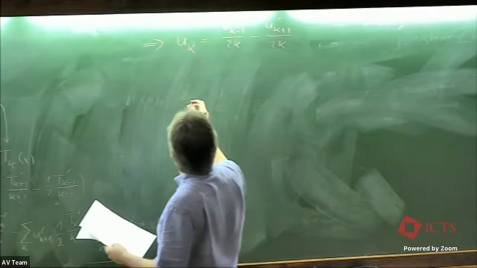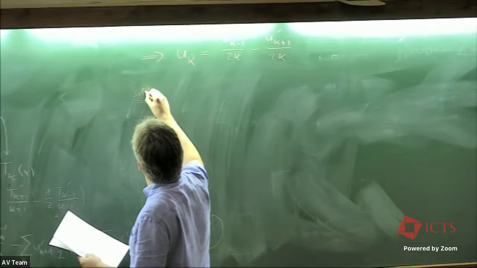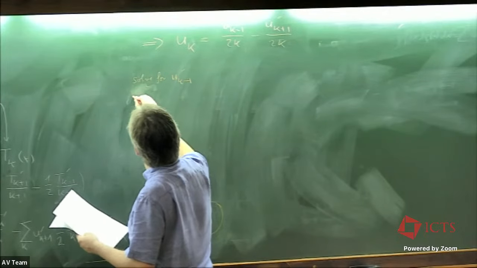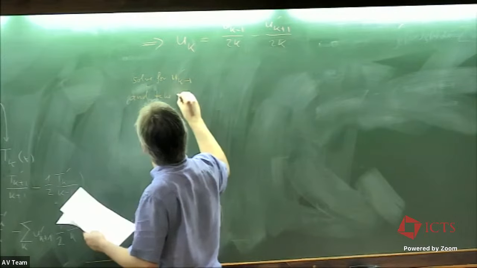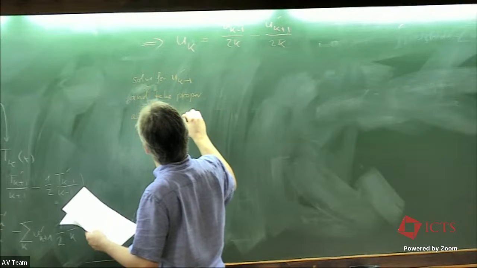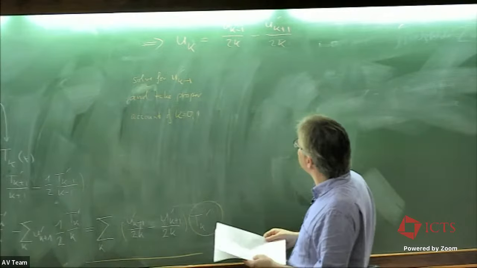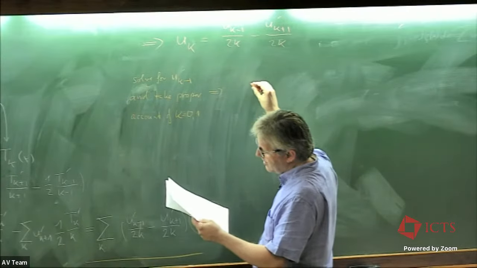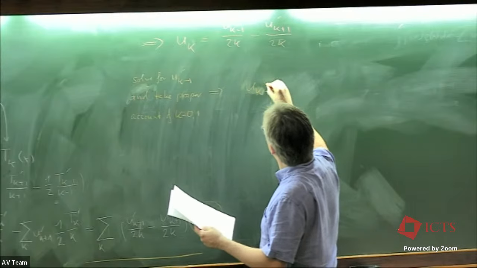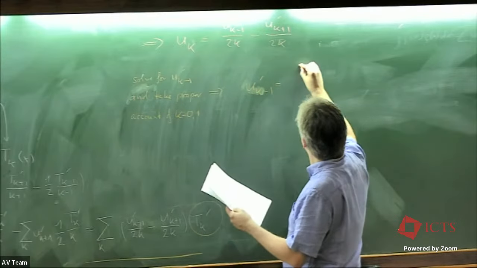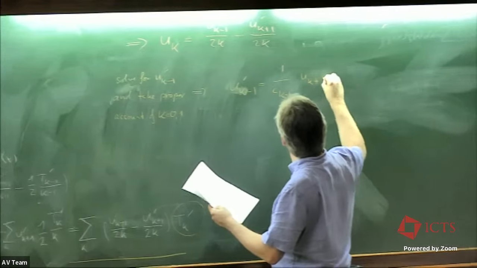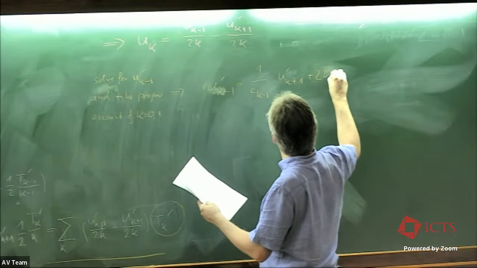And if we now solve for u_(k-1) prime and take proper account of k equals 0 and 1, which I didn't do, then what comes out of this is that u_(k-1) prime is equal to 1 over c_(k-1) times u_(k+1) prime plus 2k u_k.